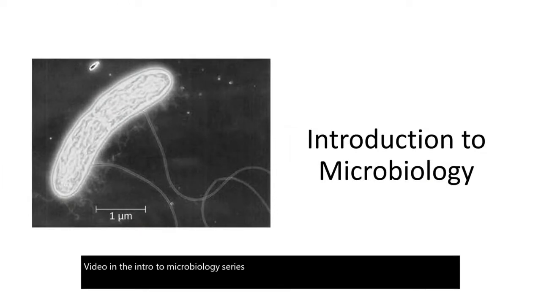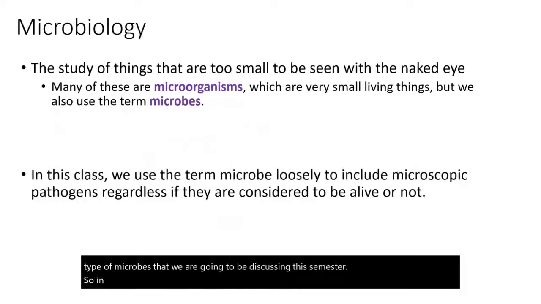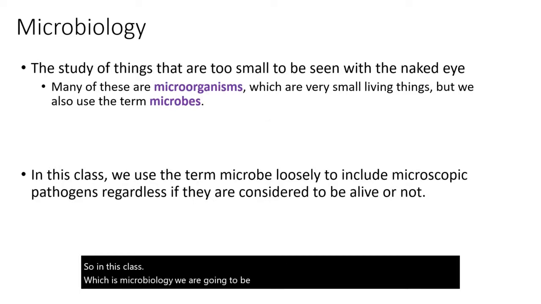And this video is going to talk all about the different types of microbes that we are going to be discussing this semester. So in this class, which is microbiology, we are going to be studying things that are too small to be seen with the naked eye.